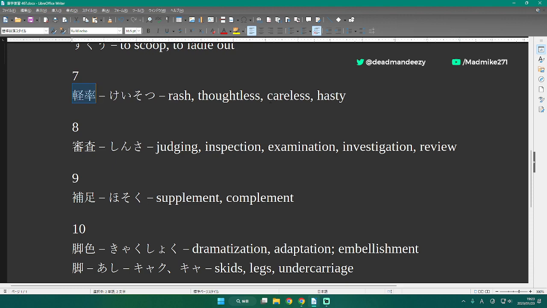Keisotsu is rash, thoughtless, or careless. To take something too lightly with too much of a light percentage. Thoughtless, careless, or rash.